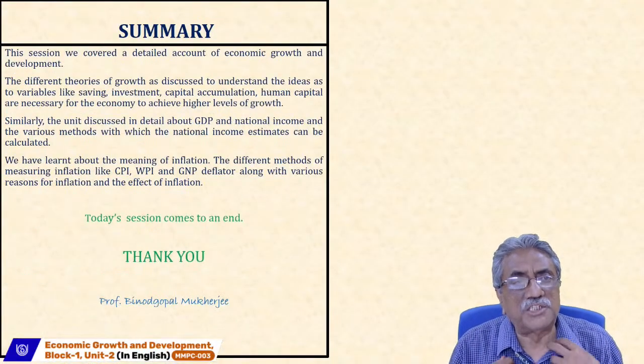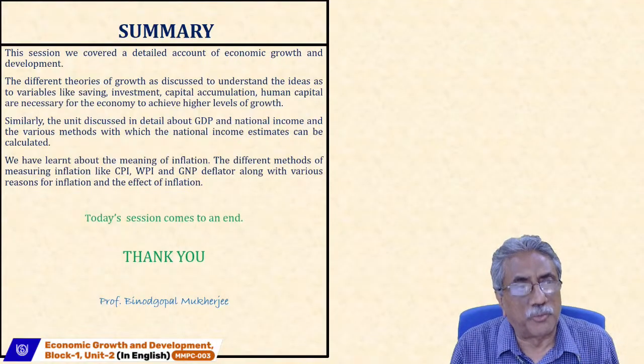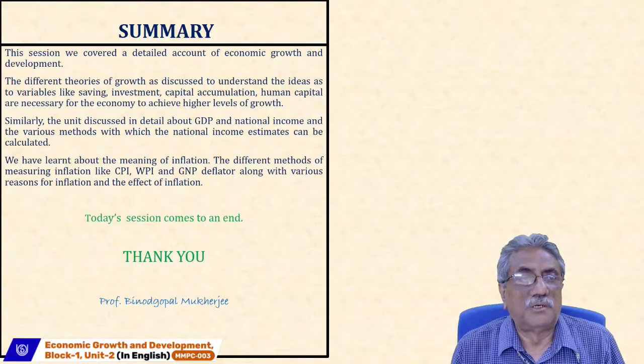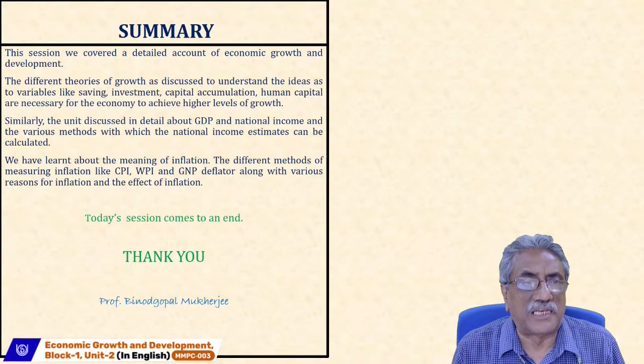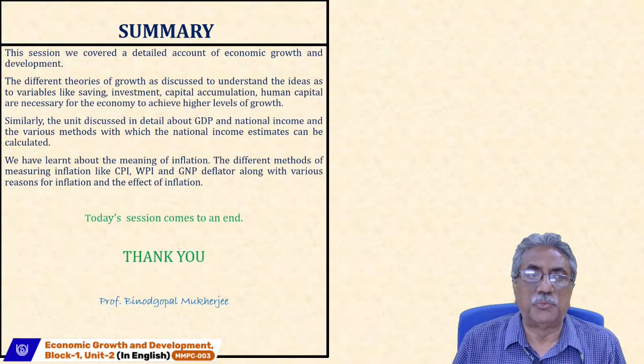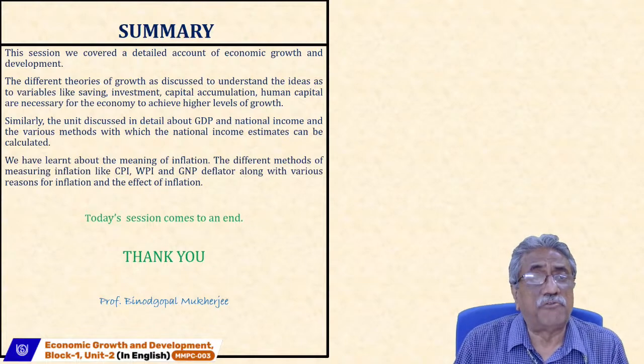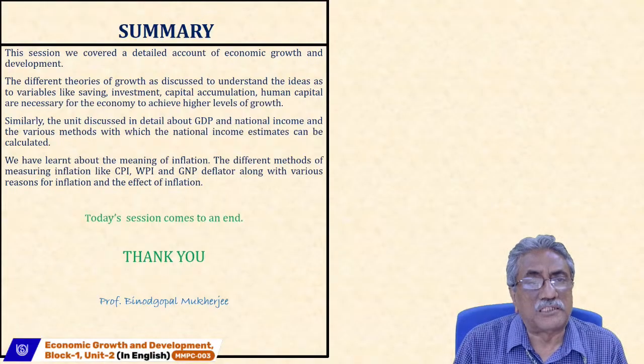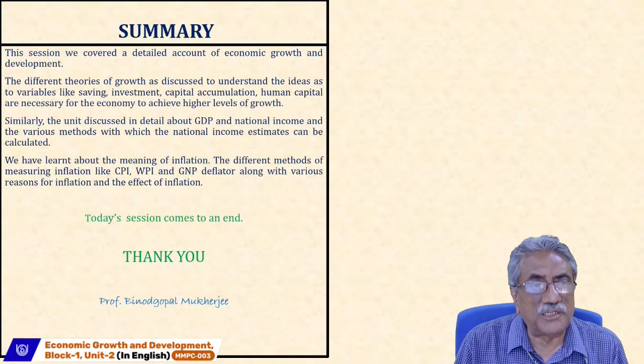So to summarize this session, we have covered a detailed account of economic growth and development, different theories of growth, and different variables like savings, investment, capital accumulation, and human capital that are necessary for the economy to achieve a high level of growth. After that, we discussed GDP, the national income, and the various components which are calculated.